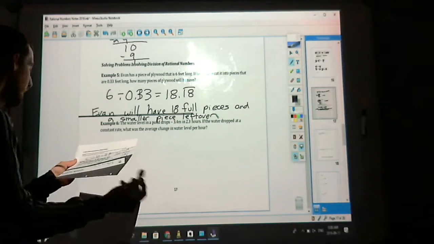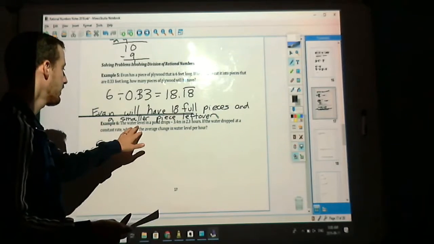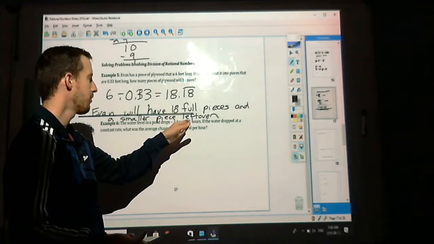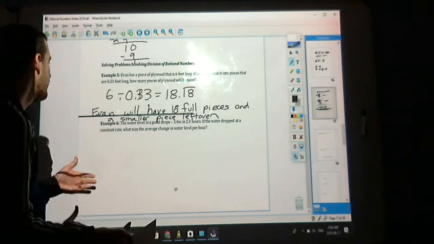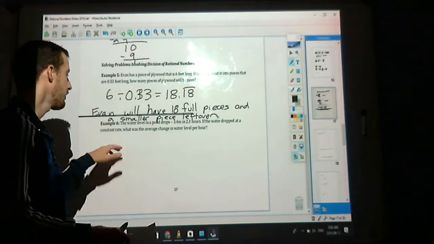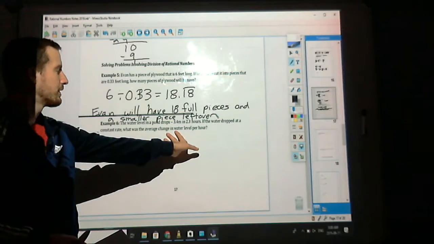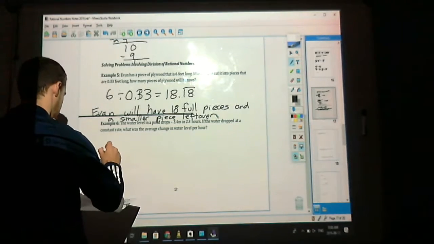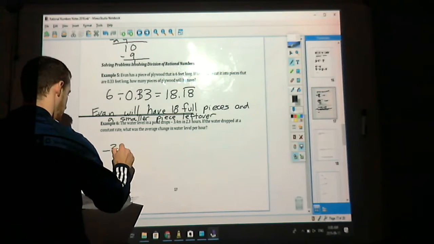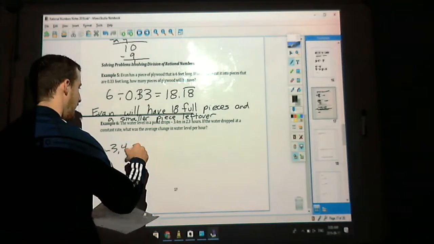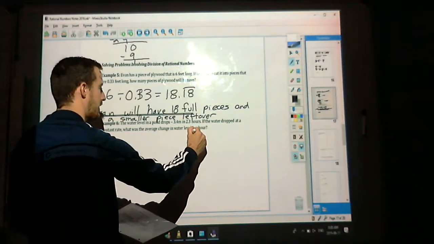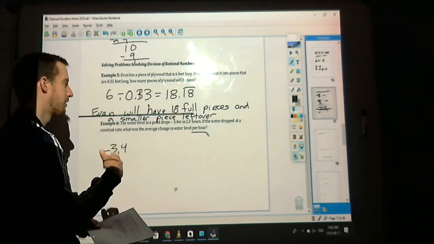All right. Okay, so the last problem we have is the water level in a pond drops 3.4 meters in 2.3 hours. If the water dropped at a constant rate, that's important, what was the average change in the water level per hour? Okay, so here if it's going 3.4 meters, okay, in 2.3 hours, we want to know what the water changes per hour.